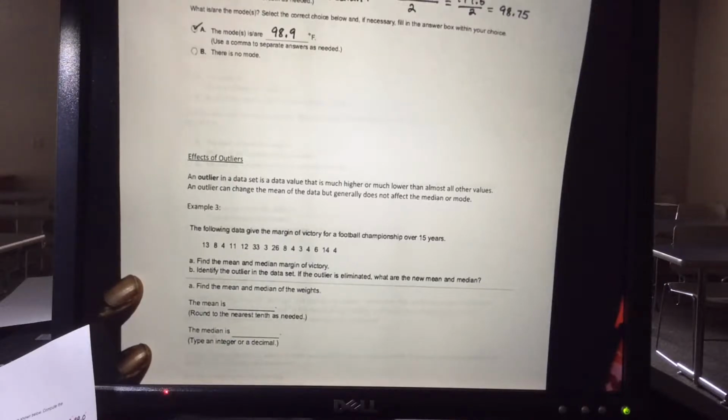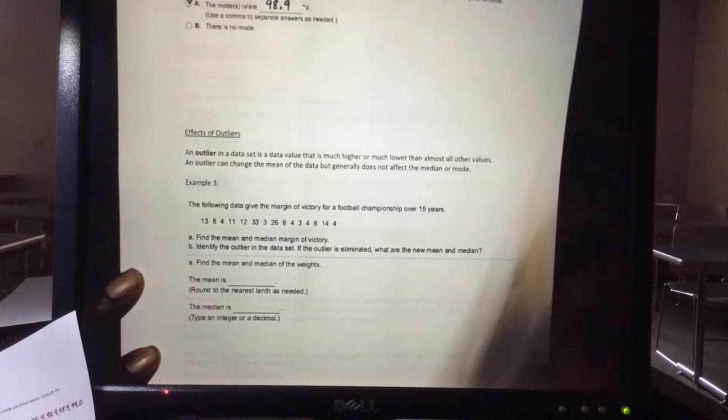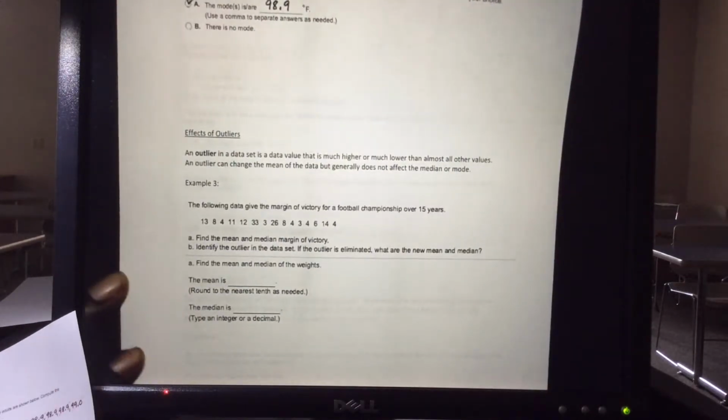An outlier can change the mean of the data, but generally does not affect the median or the mode. Okay? So that outlier can have an impact on the average of that entire data set. Okay? But for the mode and the median, there's no effect on that.